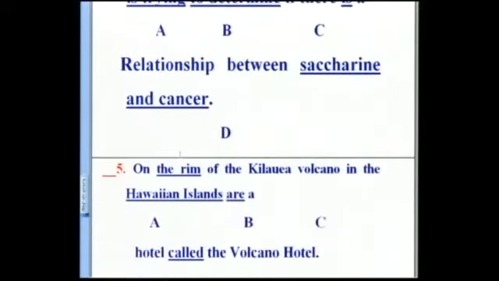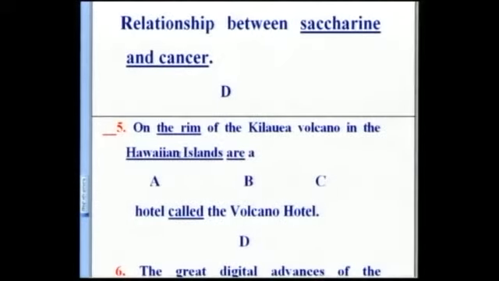طيب let's look at number 5. On the rim of the Kilauea volcano in the Hawaiian Islands are a hotel. بقول are a hotel ولا is a hotel؟ طيب دي طبعا C، دي تالت واحدة.